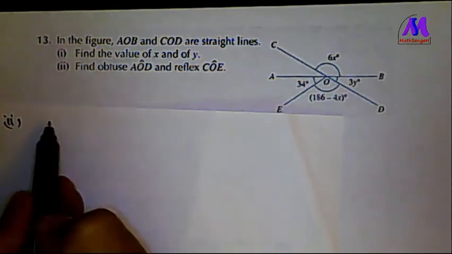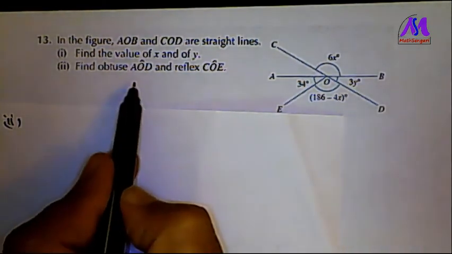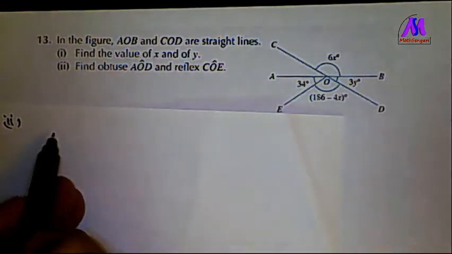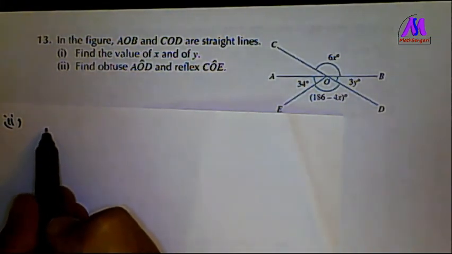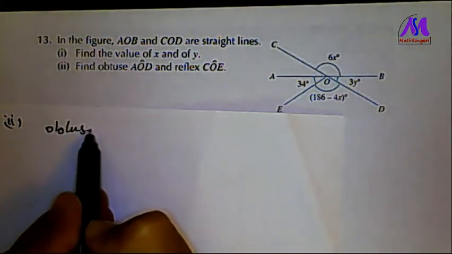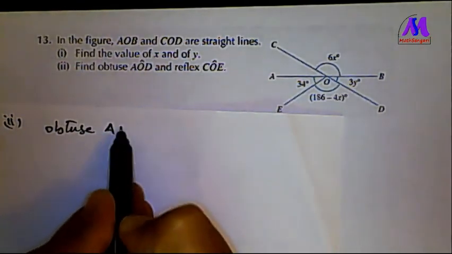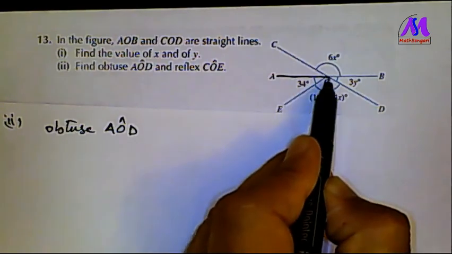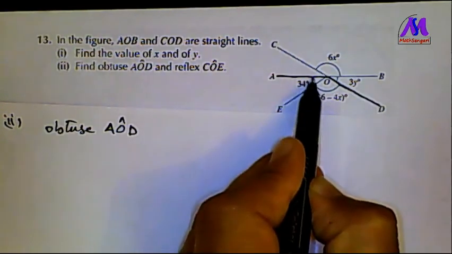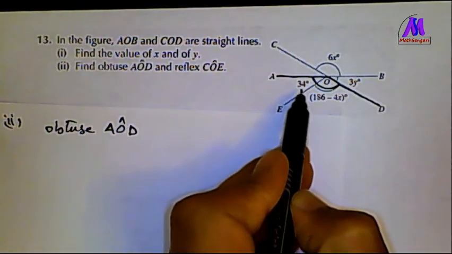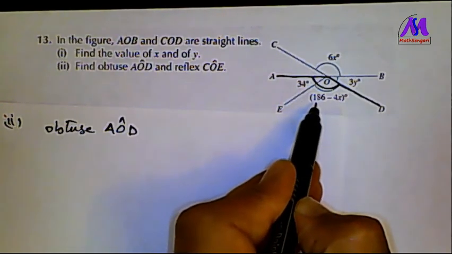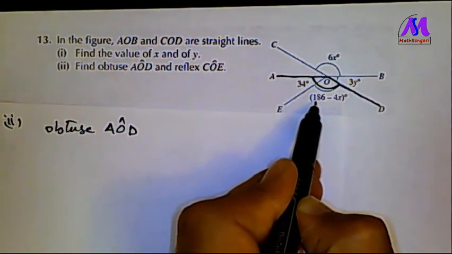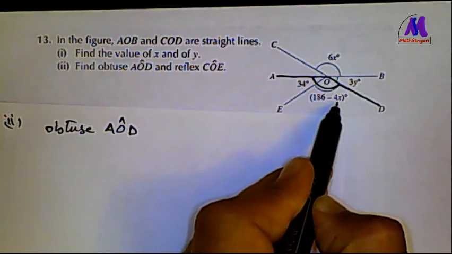you have to find, first you have to choose angle AOD. So for this right here, choose angle AOD. Concentrate here, AOD, this angle. So it will be equal to 34 plus 186 minus 4x degree.